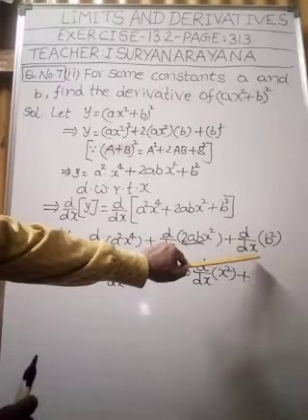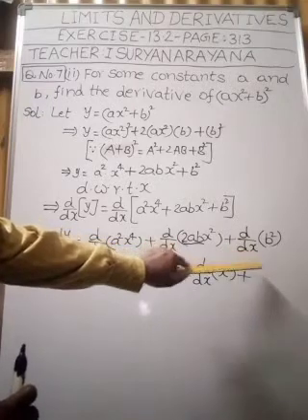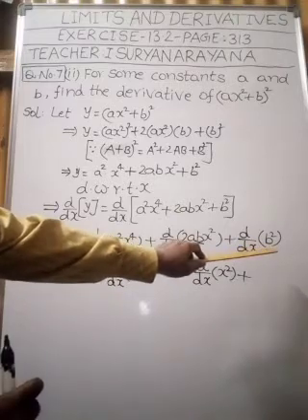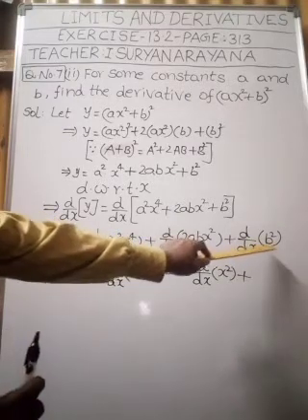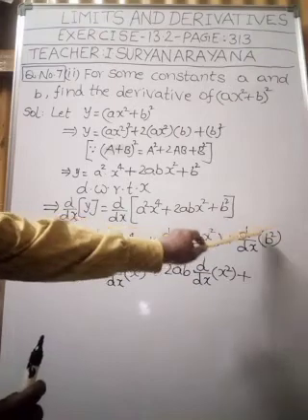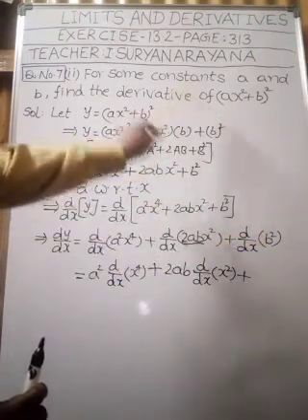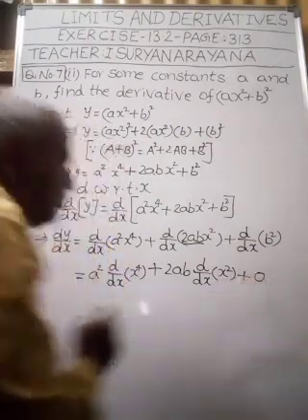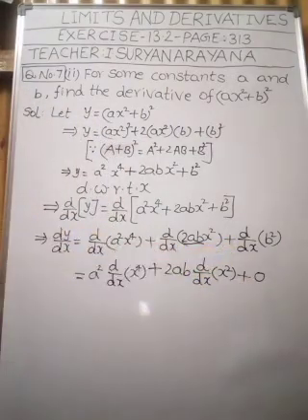Now come to this third term, d by dx of b square. Here we should not use the d by dx of x power n formula, my children, because x is not there. This is a constant. B is a constant. So d by dx of a constant is 0. Understood this third term, my children? Right.